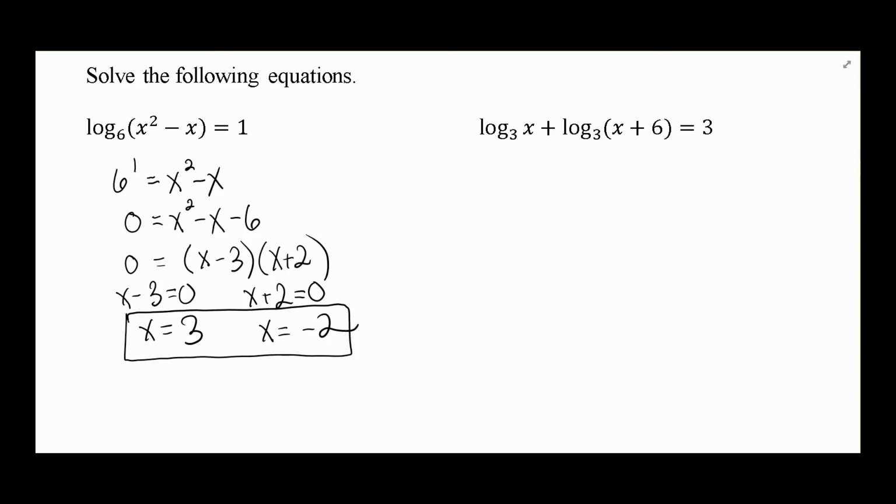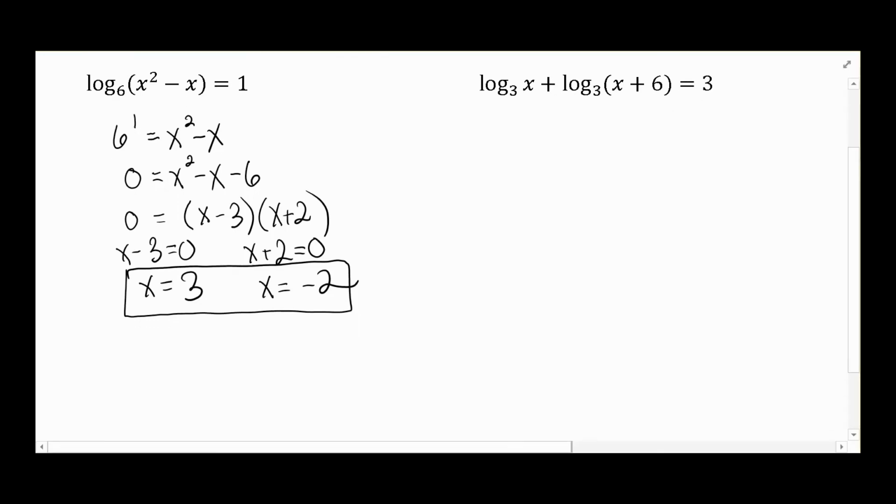Because remember that we can't take the log of a negative and we can't take the log of 0. We can only take the log of a positive number. Now this x equals negative 2 was fine because the argument was positive. If we looked at plugging negative 2 in, we would have negative 2 squared minus negative 2 on the left, so that would be 4 plus 2.